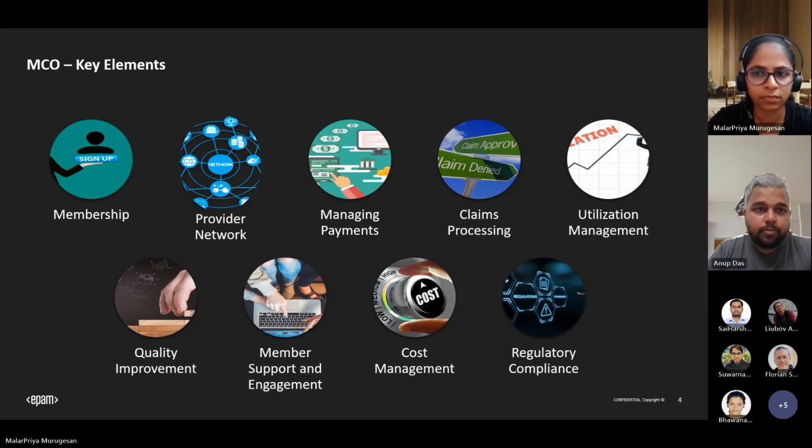Yeah, sure. So now that we have a good overview of exactly what MCO is, what are the key elements consisting inside the MCO? So first is the membership, whether it is patient membership or provider membership. MCOs generate revenue out of it by enrolling members who seek basic healthcare coverage or advanced healthcare coverage.